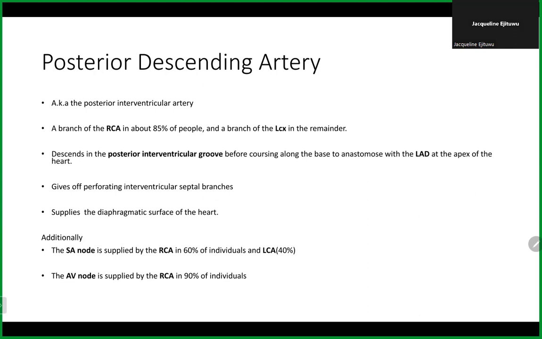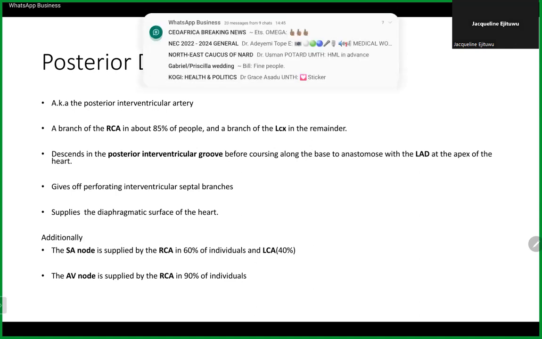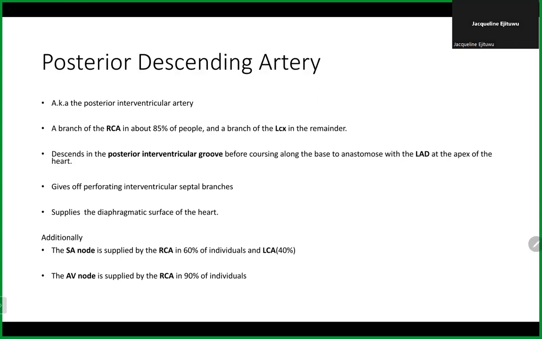In addition, it's important to note that the right coronary artery supplies the SA node in 60% of individuals. That's the SA nodal artery. However, in some 40%, this SA nodal artery arises from the left coronary circulation. The AV node is also supplied by the right coronary artery in 90% of individuals.